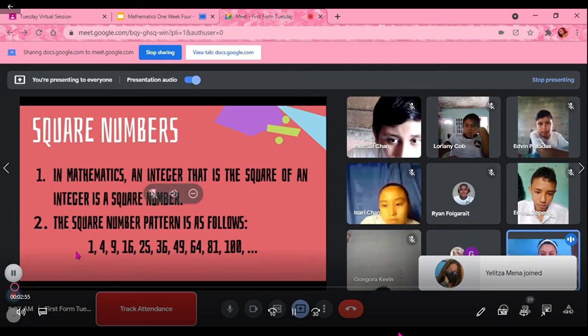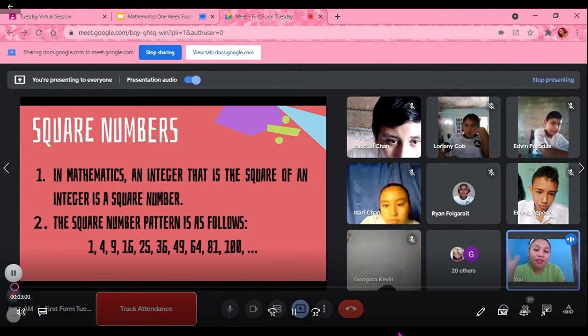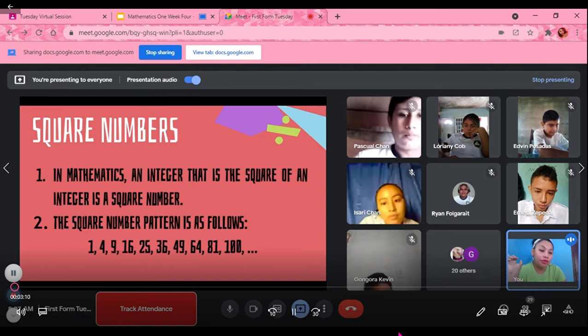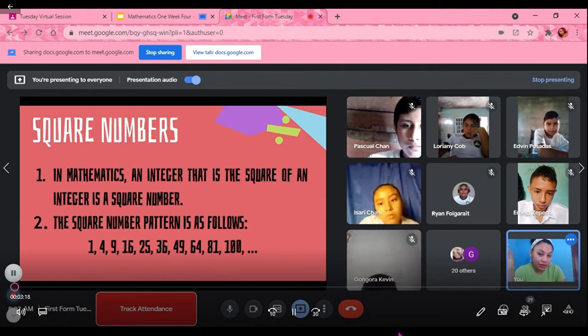For example, if you take a look at what I have here, I have 1, 4, 9, 16, 25, 36, 49, 64, 81, 100, and that will keep on going. I will have 121, 144, and 169, and that pattern will keep on going. This is what we call the square numbers.